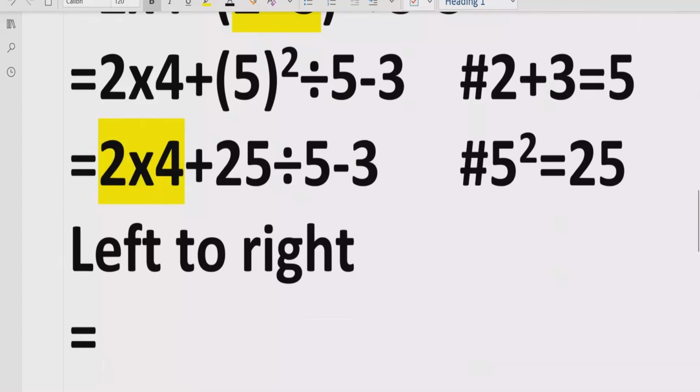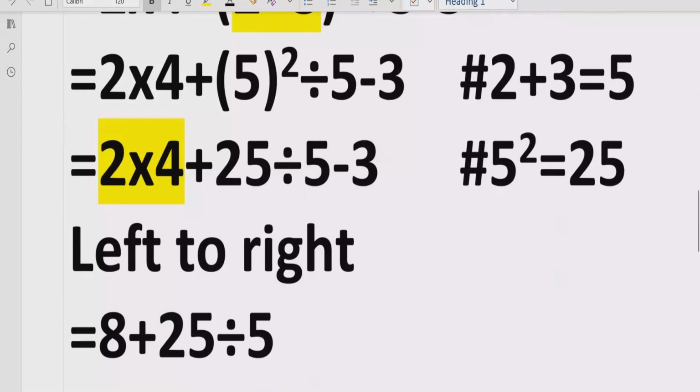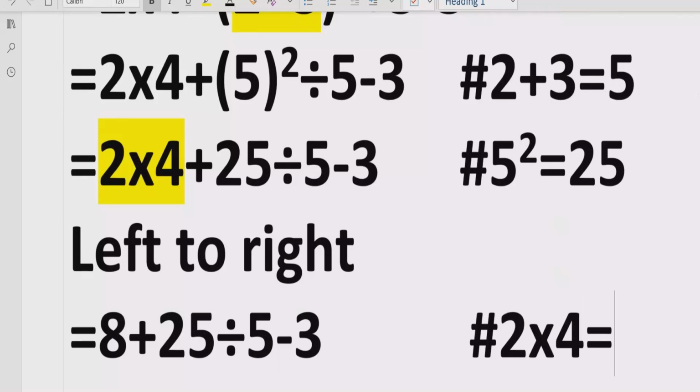So we have to go left to right and find out which is coming first. So now we have 2 multiplied by 4. So first of all, we have to solve this one, which is 2 multiplied by 4 equals 8 plus 25 divided by 5. Again, we have to write as it is, and minus 3, we have to write this one as it is. So here we have 2 multiplied by 4 equals 8.